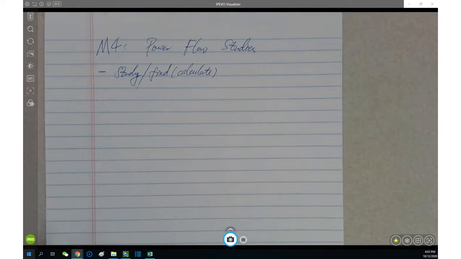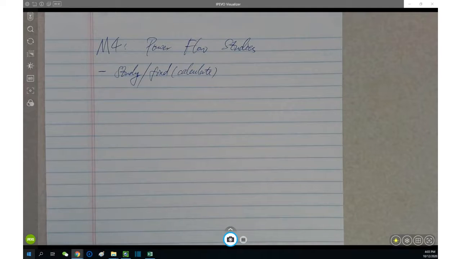You're going to use your calculator quite often, because operations are always among a bunch of phasors and complex numbers. Calculate what?